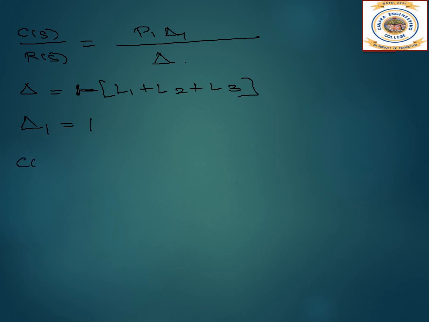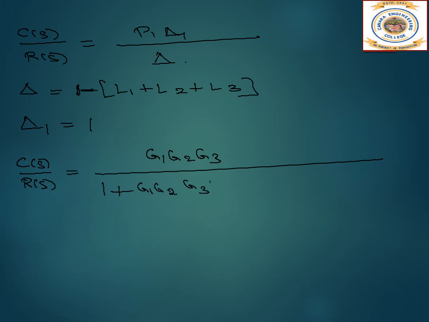So let us substitute now. C of S by R of S will be equal to P1, which is G1, G2, G3, whole divided by 1 plus G1, G2, G3, H1, H2, H3 plus G2, G3, H1 plus G3, H1, H2.